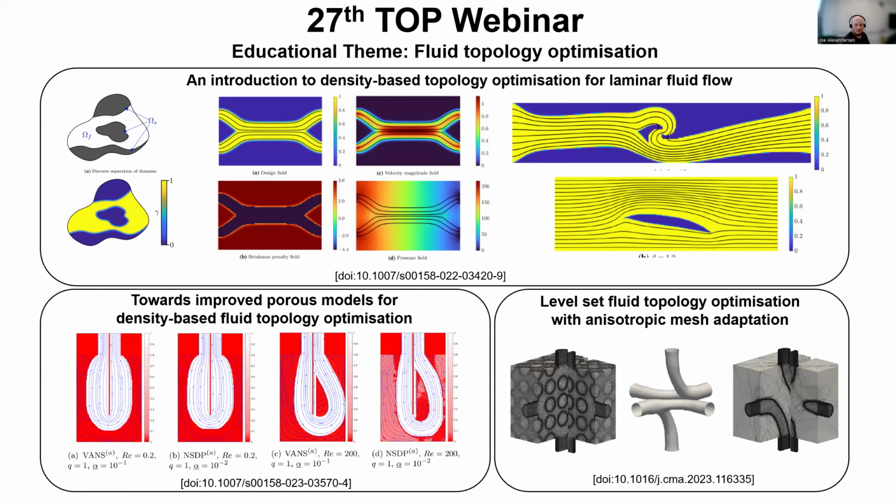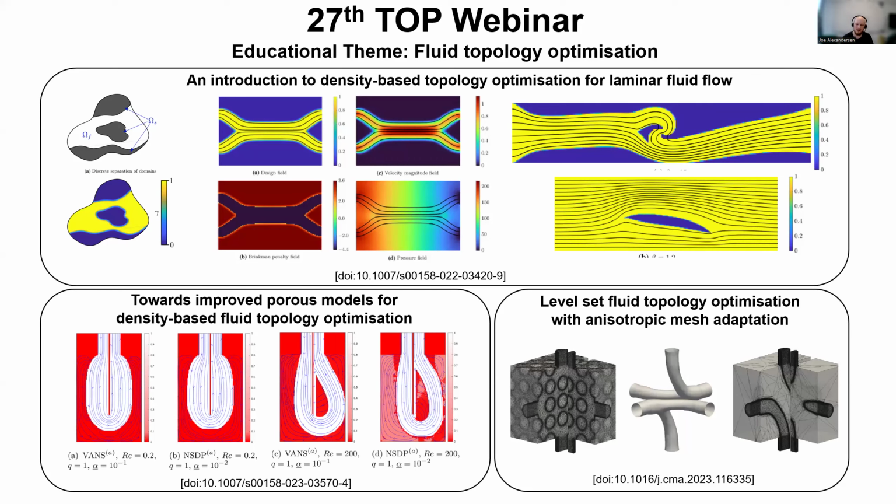The paper is called a detailed introduction, but today we do not have time for the fully detailed version, so it'll be a brief introduction. Afterwards we have Maarten Theulings to give a presentation of his paper, which focuses on an interesting aspect of fluid topology optimization, the accuracy of the immersed forcing term that we add.